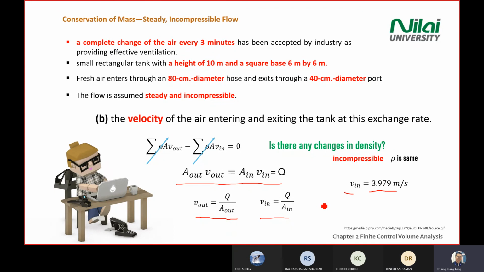Okay. So normally it's quite risky because sometimes when you press wrongly, you will get the wrong answer. So I would recommend you substitute the number first. You write the substitution of the number here. Then you write the equation. You write inside the equation, can, as long as your final equation is there.